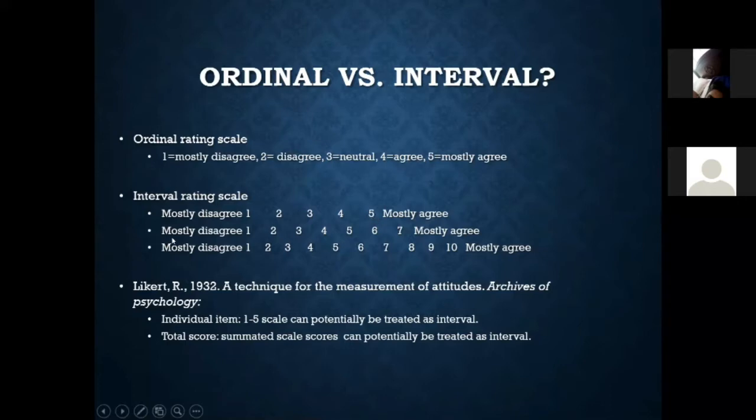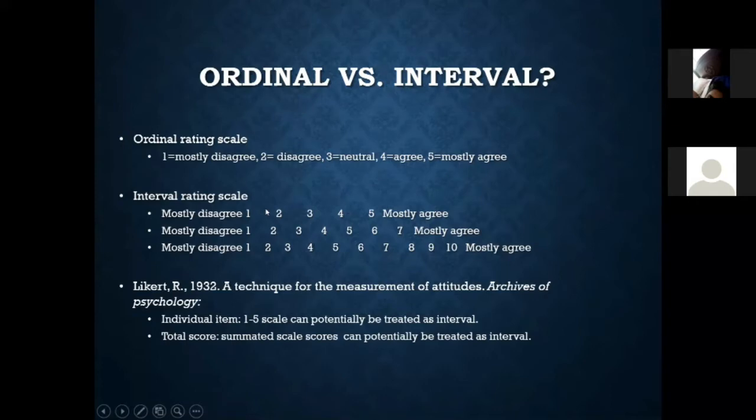This one as well: mostly disagree, 1, 2, 3, 4, 5, 6, 7, and then mostly agree. So this one is a 1 to 7 rating scale, and the last one is a 1 to 10 rating scale.